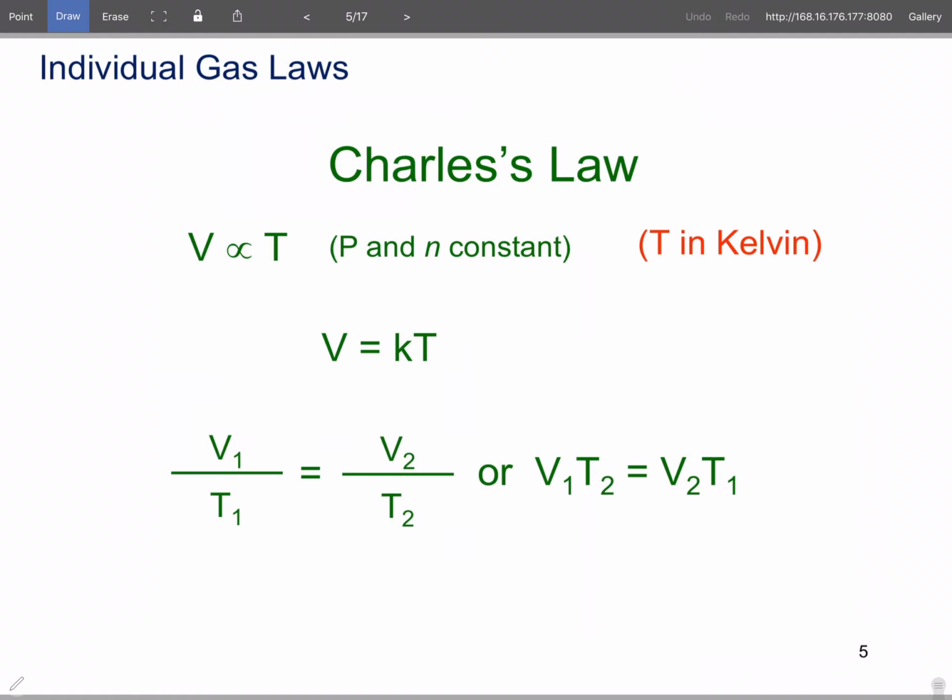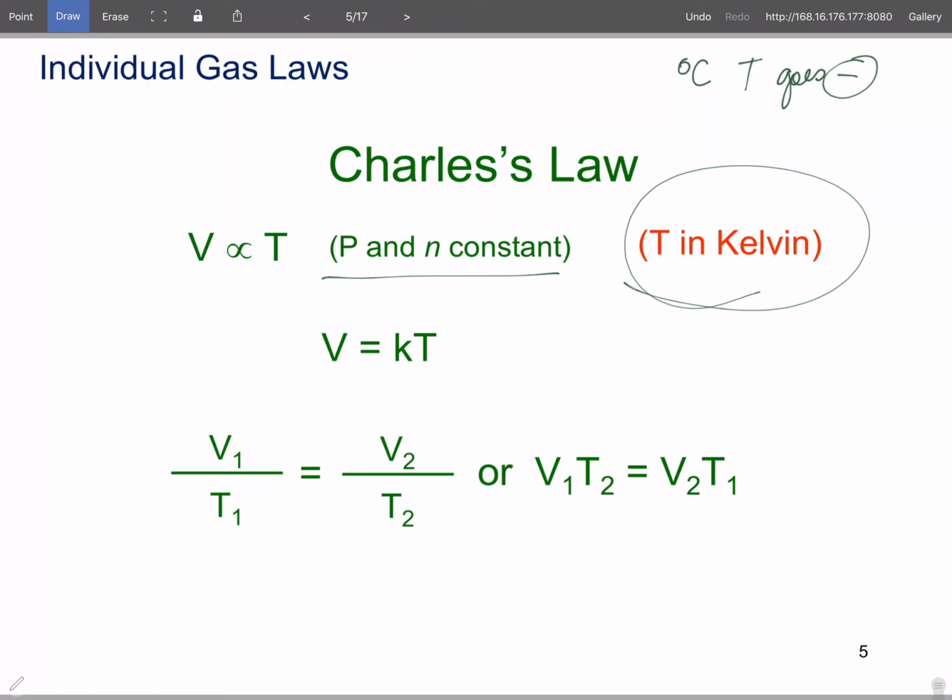So Charles's law says volume is proportional to temperature. Pressure and moles are constant here. Now, here's the trick. Temperature must be in Kelvin. Why? Well, think about it. On the Celsius scale, your temperature can go negative. Same thing with the Fahrenheit.